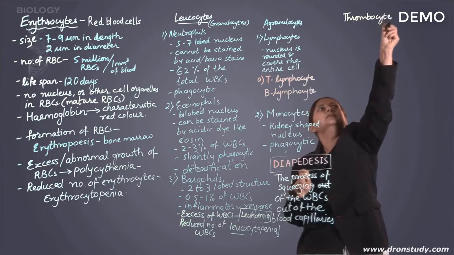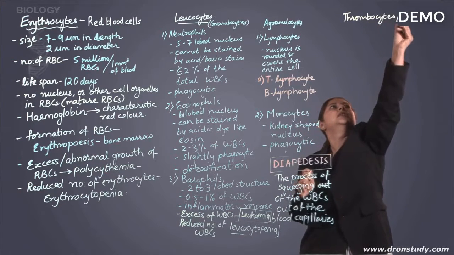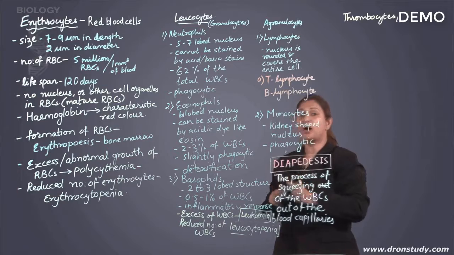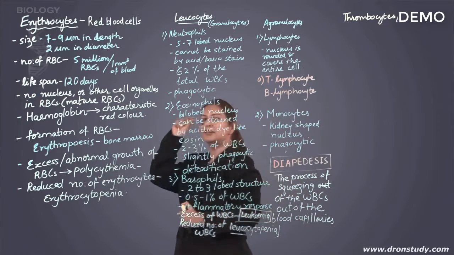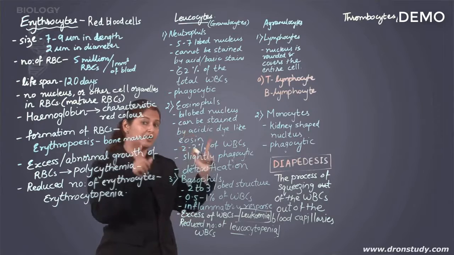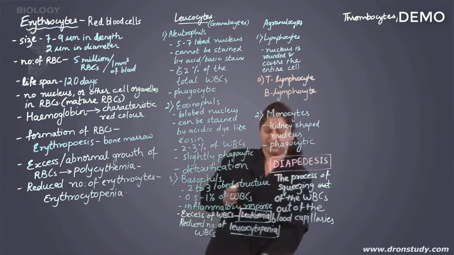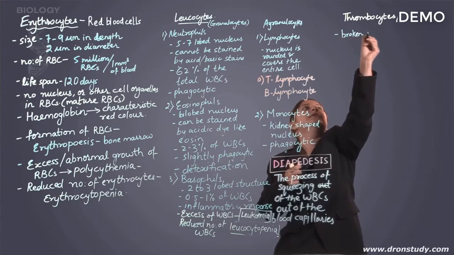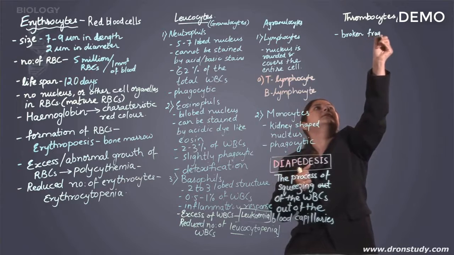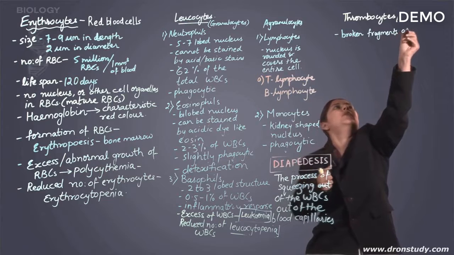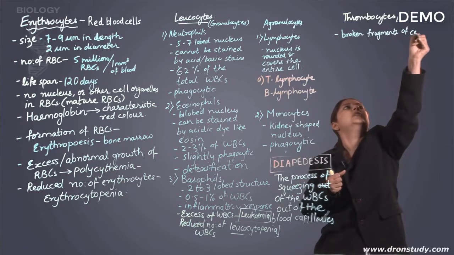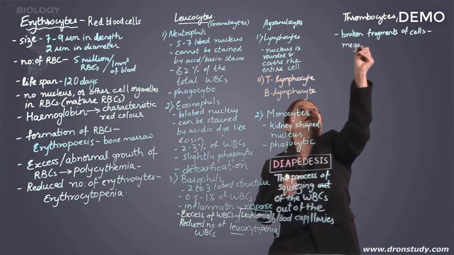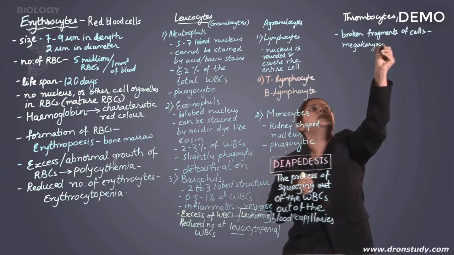Now moving on to the third cellular component, and that is the thrombocytes, or they are also called blood platelets. Well, what are thrombocytes? Now, they are tiny broken parts of a larger cell, and that is, they are the broken fragments of cells that are called megakaryocytes.